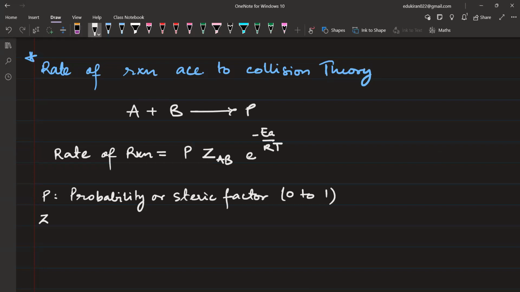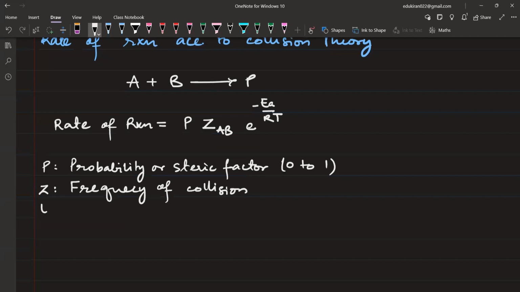Z, it gives an idea about frequency of collision. कितनी दफा कोलिजन हो रहा है, frequency of collision. Next we have EA, that is a new thing. EA is activation energy.